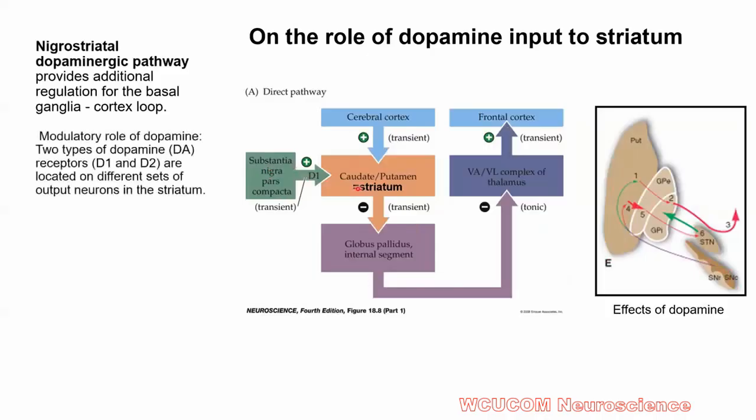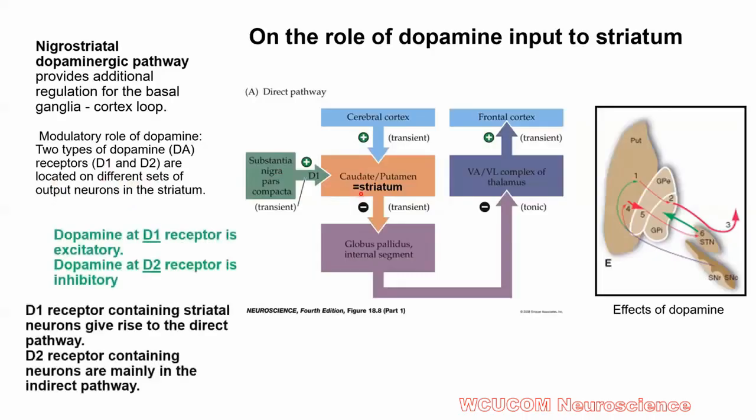There is a great modulatory role and tone from dopamine on the striatum, and it is of course exerted via the D1 and the D2 receptors. Now the D1 and D2 receptors are present on two separate sets of output neurons in the striatum.